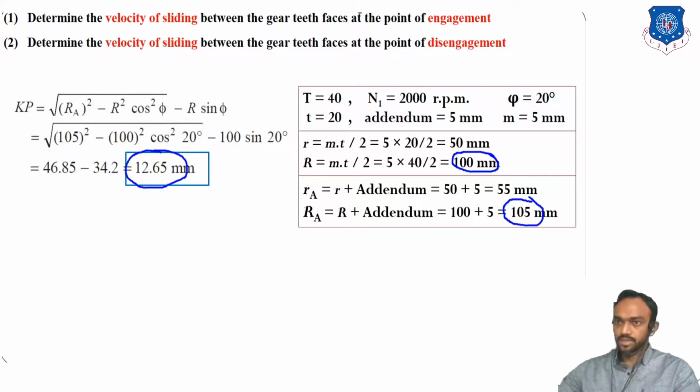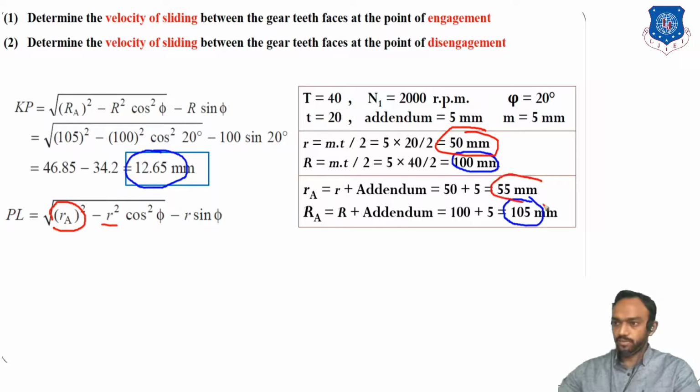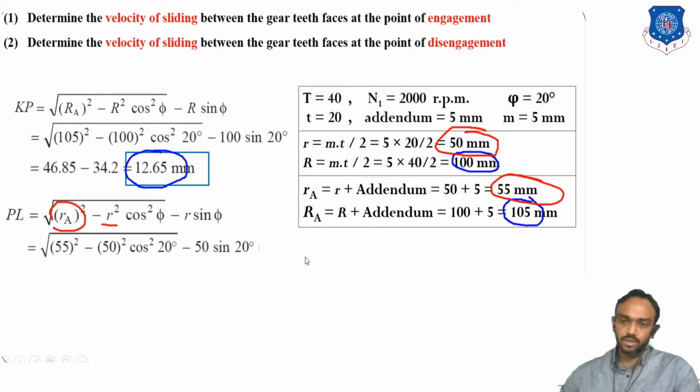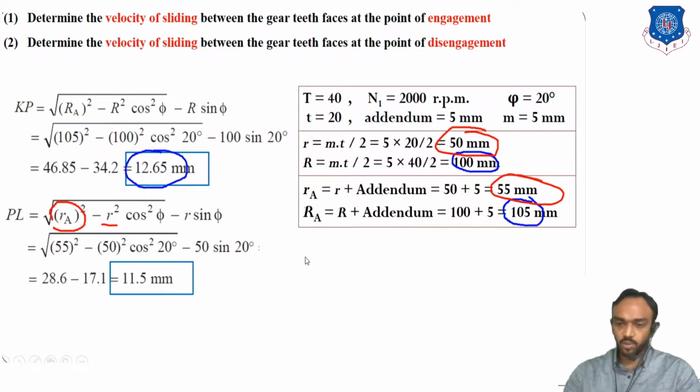And after that we will start for PL. Formula is the same but with small ra and r, whose values are 55 and 50. Put that in the equation and we will find 11.5.